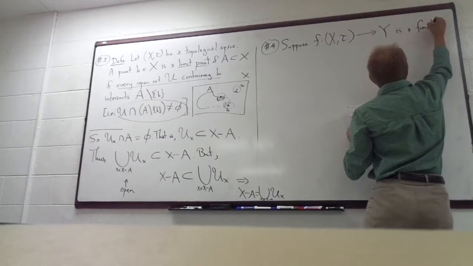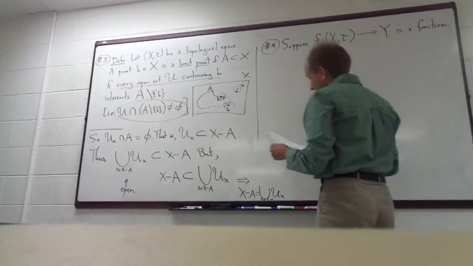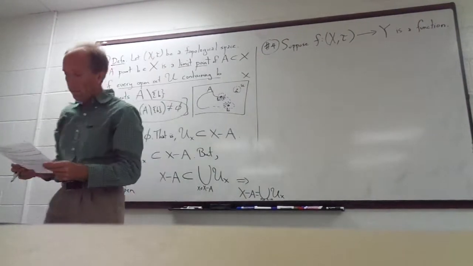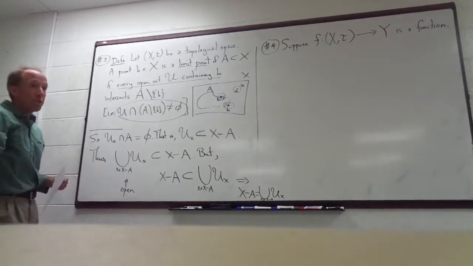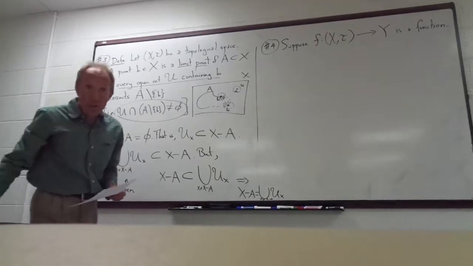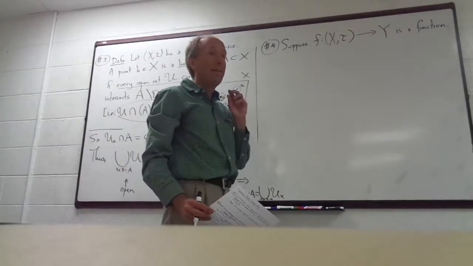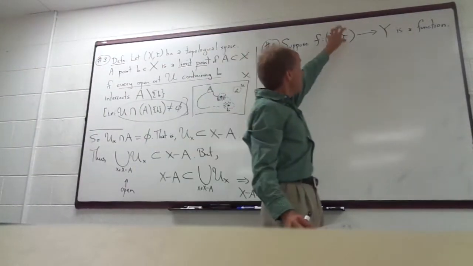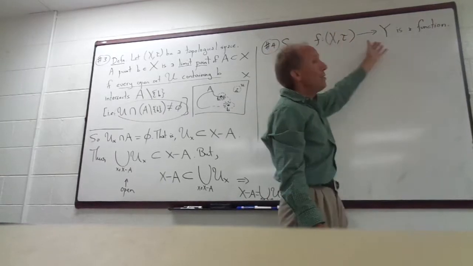At the moment, Y is just a set. I don't have a topology yet on Y. I have a topology here on the input space, but Y is just a set.